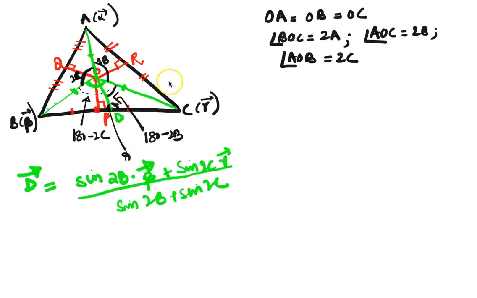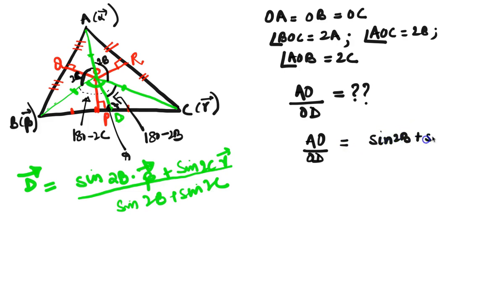Great. In order to get the AO vector, if we are able to find AO by OD, we'll be able to find the position vector of A. Okay, so I leave it up to the audience to prove that AO by OD is sine 2B plus sine 2C by sine 2A.